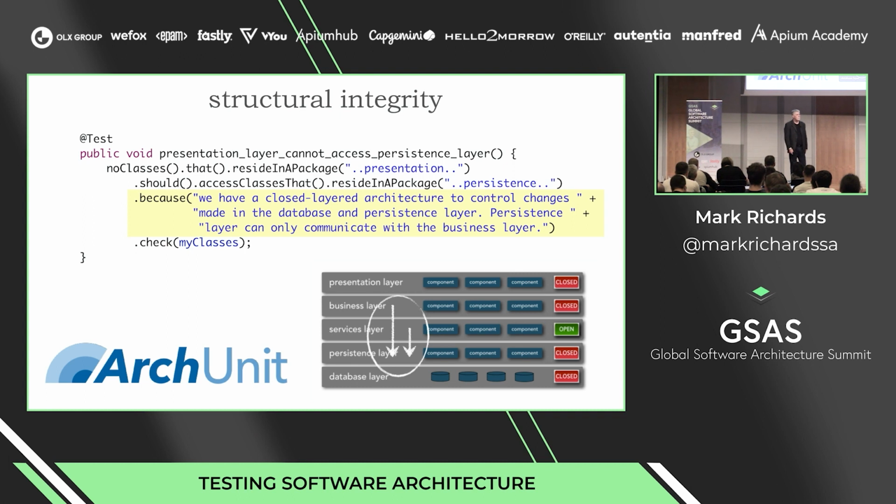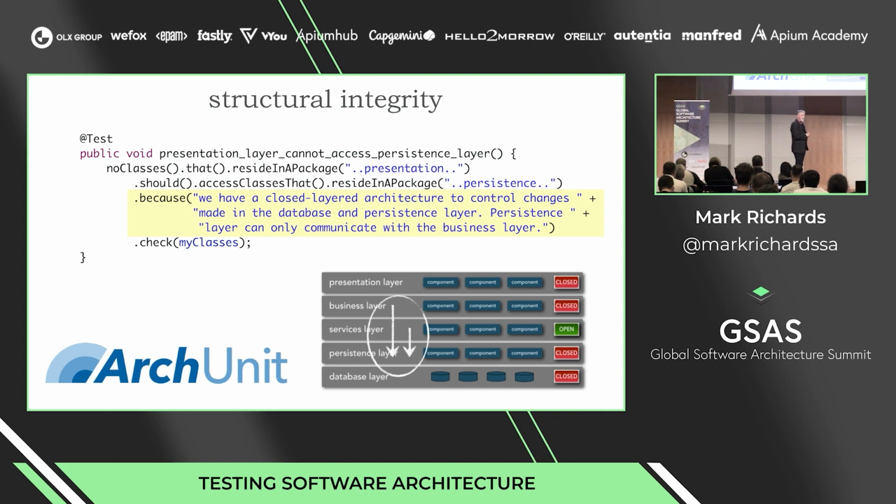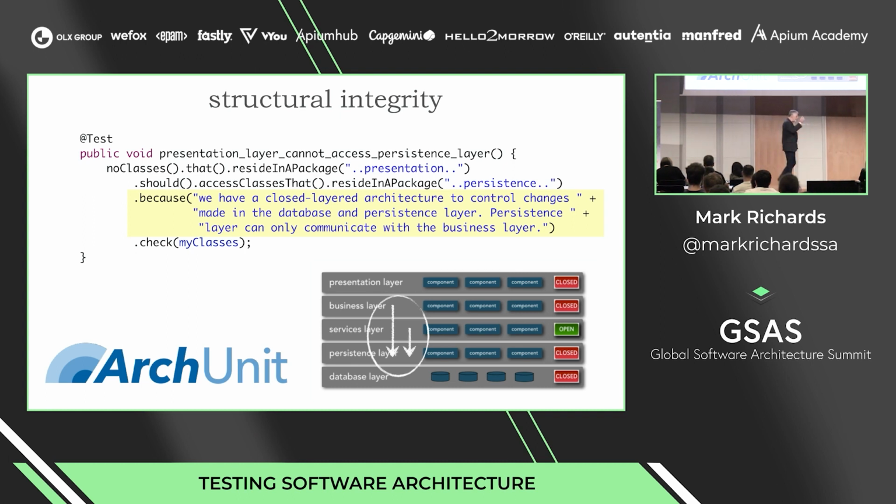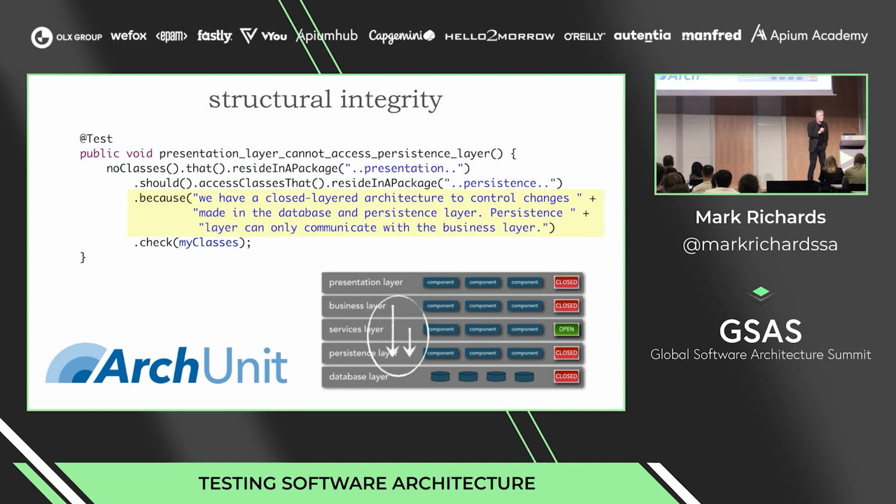This is how. Presentation layer cannot access persistence layer. Don't do it. Yeah, whatever. But it's faster, so I'm going to do it. No, you're not, because I have this structural integrity test in our system. No classes that reside in presentation should access classes that reside in a package persistence. Now, notice what these tools have.